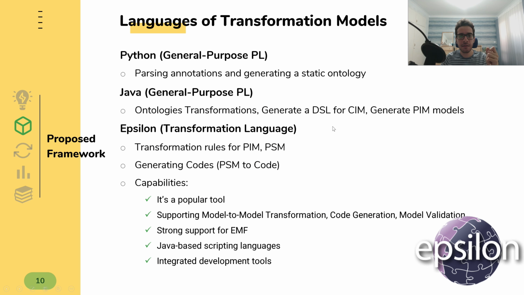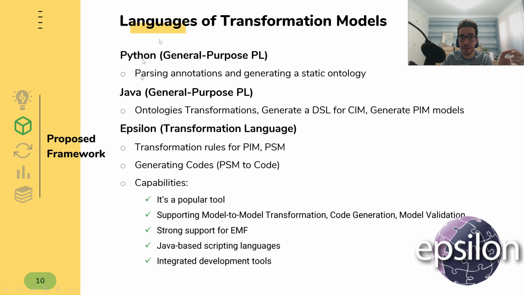We use three languages to transform models. Two of them are general purpose programming languages. We evaluated the possible transformation languages, and we decided to take advantage of Eclipse Epsilon because it has many capabilities.